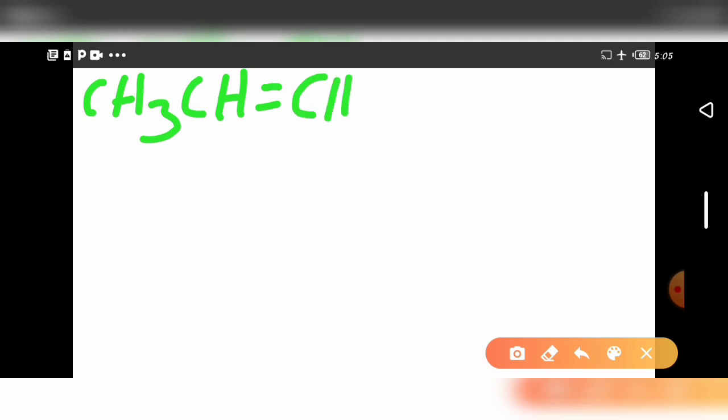See here, I write it: CH3, CH, double bond, CH, CH2, CH3. Okay, see here, this carbon contains the double bond.